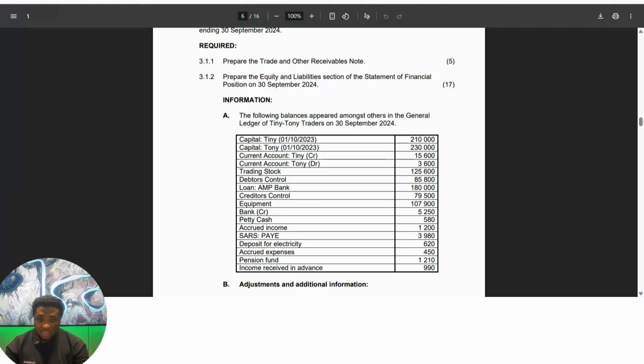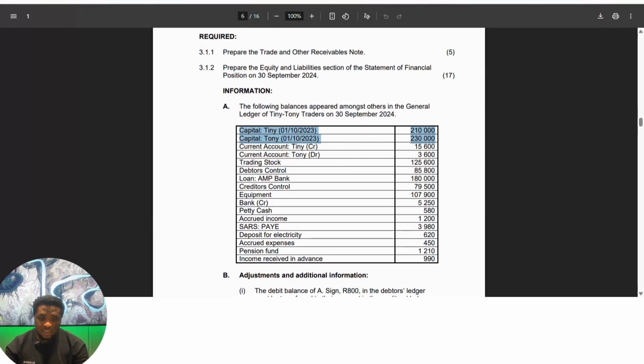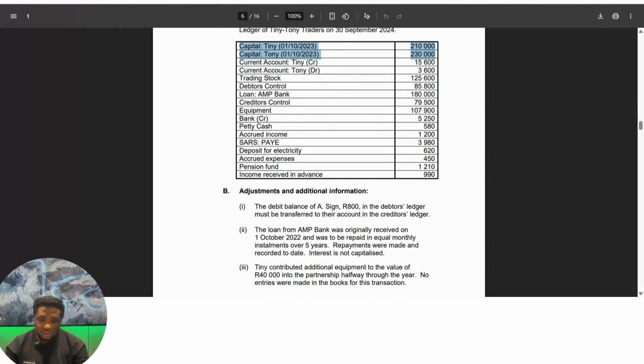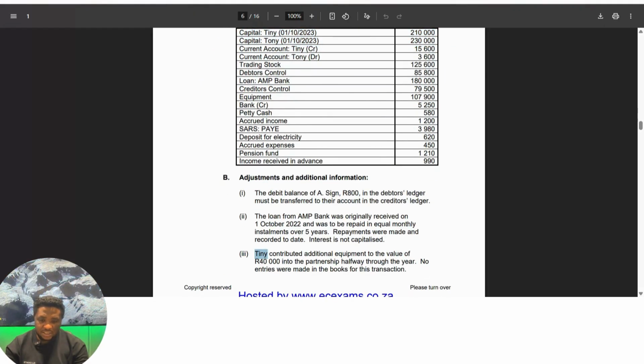As you can see here, this is 30th of September 2024, and you see these capital balances that are given. Specifically, it says that these are on the 1st of October 2023, which would be the start of the financial year. So 210,000, 230,000, and then there's this information that says Tiny contributed additional equipment to the value of 40,000 into the partnership halfway through the year, and no entries were made in the books for this.